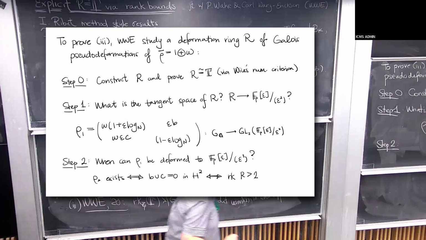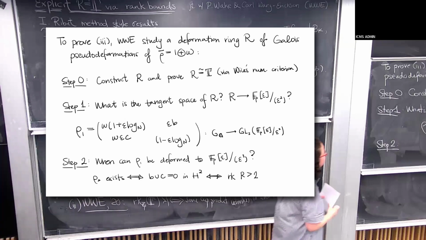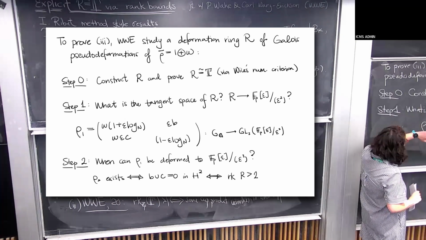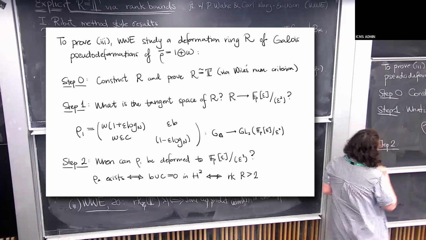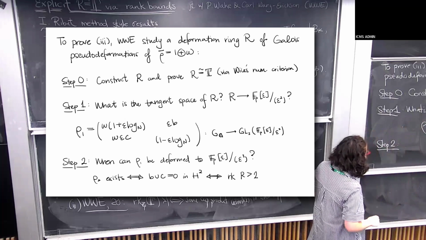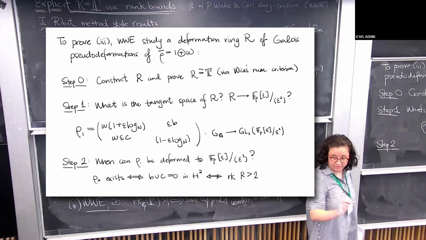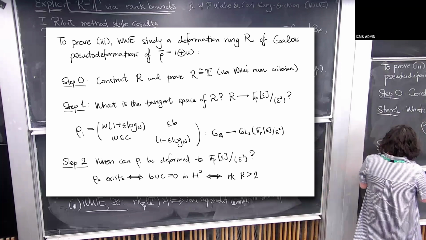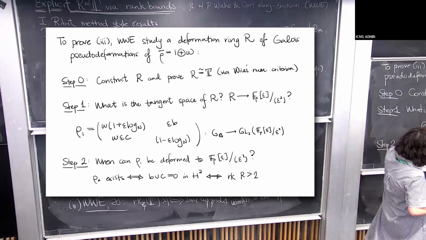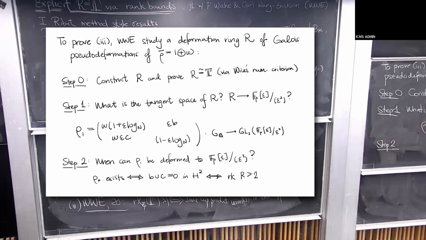Okay. So in particular, once we have that this is our one-dimensional, this is our unique tangent vector, then they also show, which is again non-trivial, that this will deform mod epsilon cubed exactly when the size of R is at least 2.